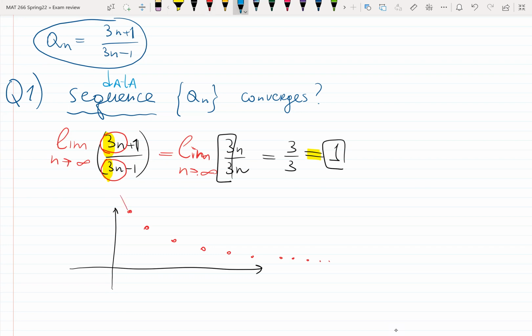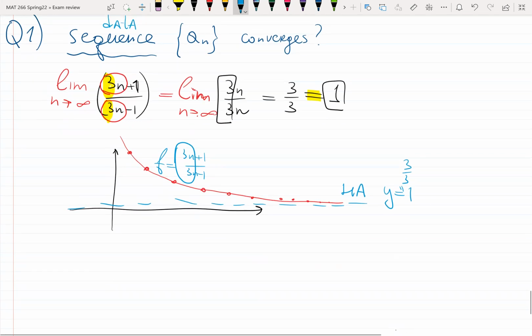And you kind of connect the dots. It creates a function, and you check the limit of this function. What function? The function 3n plus 1 over 3n minus 1. This function from calculus 1 has a horizontal asymptote, y equals 1, because you know limits, 3 over 3 equals 1. And I can see the data set, those points, do go to 1.